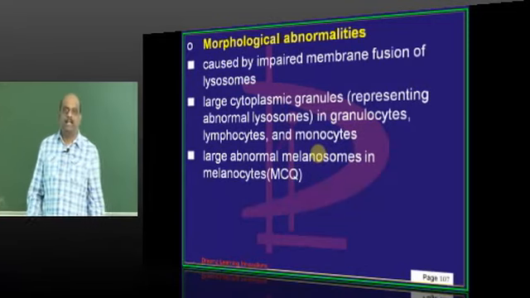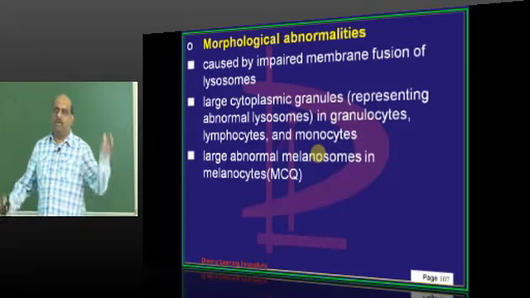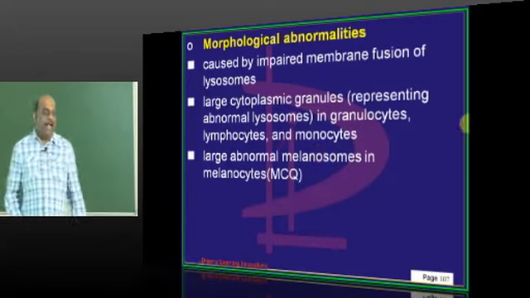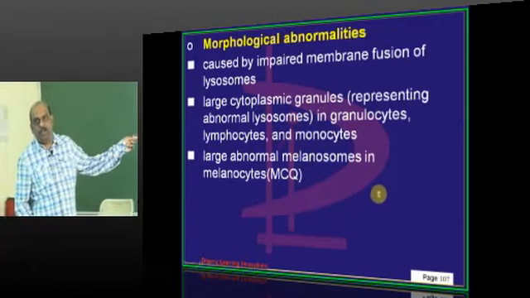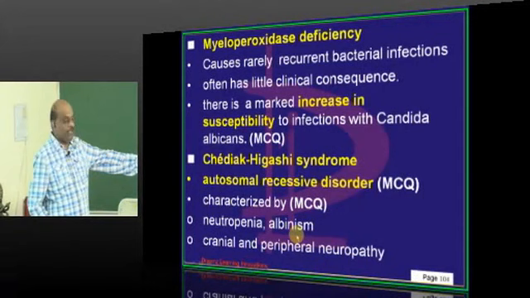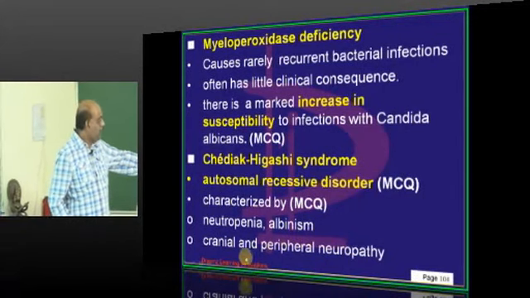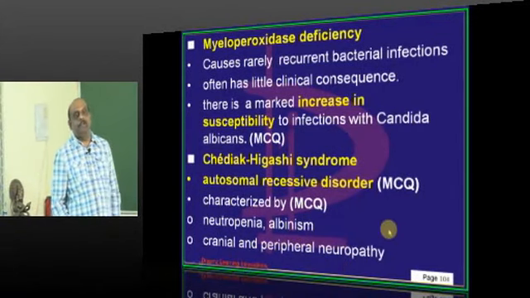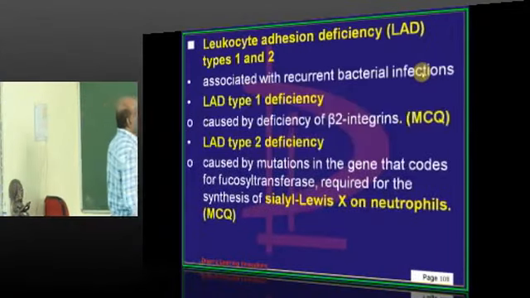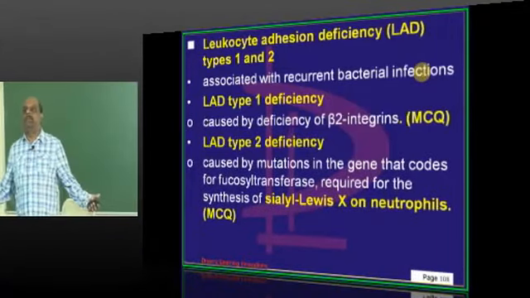Everywhere there is laziness. Melanosomes don't want to form, the leukocyte doesn't want to move, all because of the microtubule problem. And because of this melanosomal formation abnormality, what is the important phenotypic expression? Albinism, neutropenia, cranial and peripheral neuropathy are the important associated features.